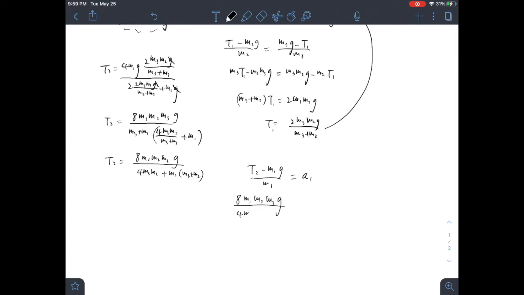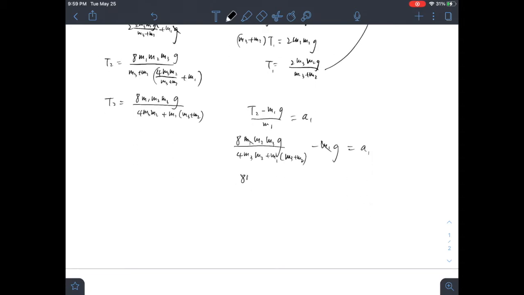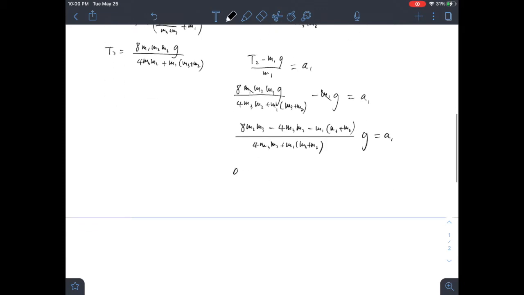Then we plug in this T2 minus m1g, and divide by m1, which is equal to a1. Then we have (8 times m2 m3 minus 4 times m3 m2 minus m1 times (m3 plus m2)) over (4 times m3 m2 plus m1 times (m3 plus m2)), times g, is equal to a1.